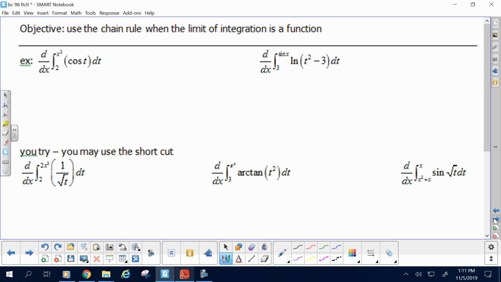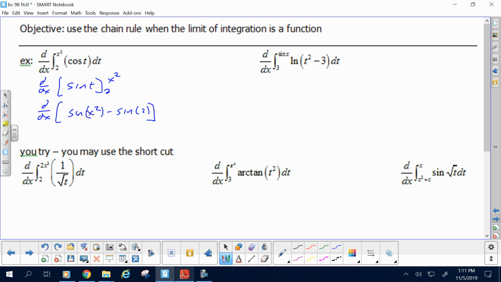So again, we'll do it the long way. So this first one, what's the antiderivative of cosine? Sine or negative? Sine of t from 2 to x squared. Next, I put in x squared and 2, so I get sine of x squared minus sine of 2. And finally, I take the derivative. Because I just put a function within a function, I'll have to use the chain rule.